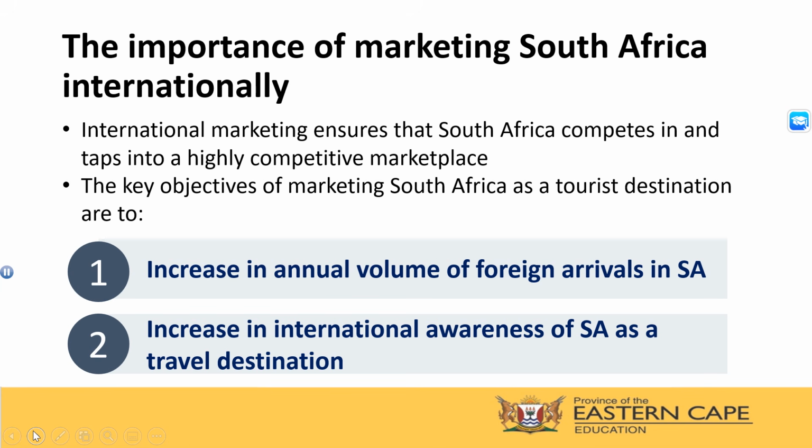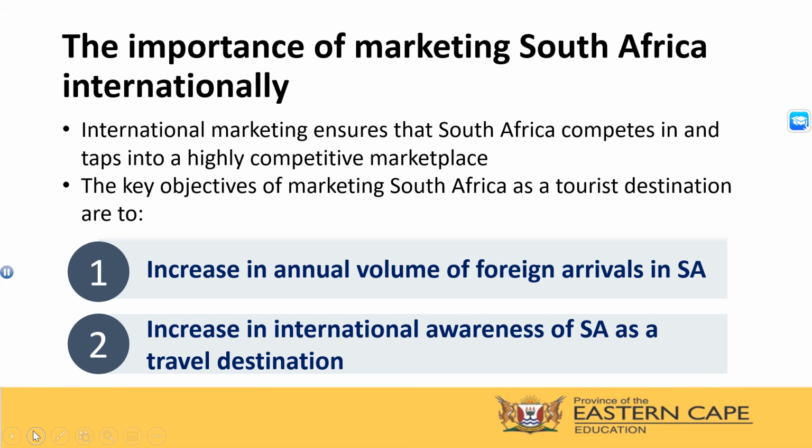The secret behind marketing of South Africa that would lead to success is to have that unique selling point and turn it into awareness, but not only awareness, also into an actual visit.